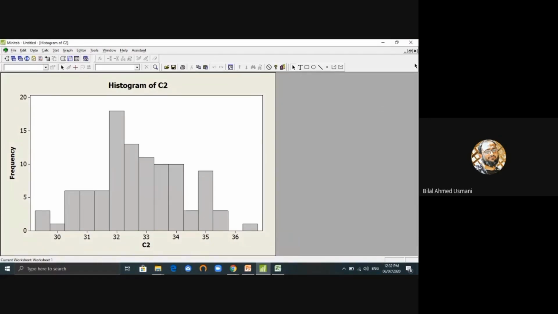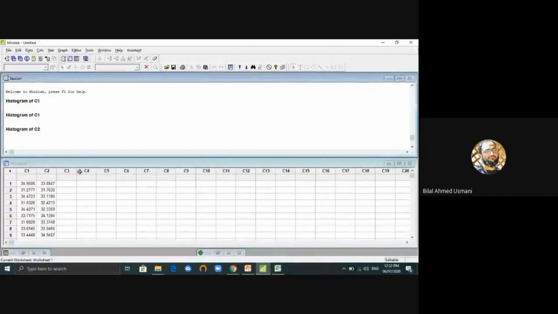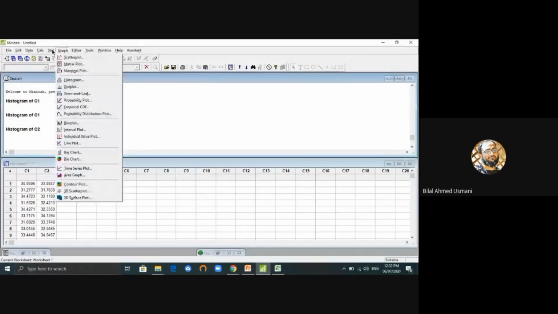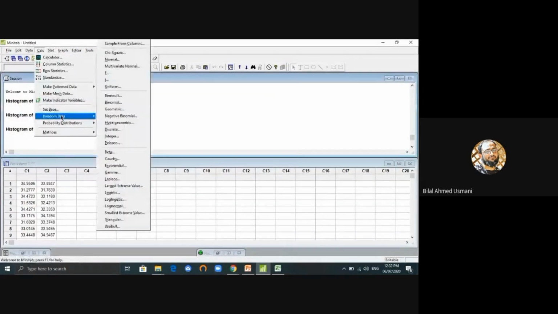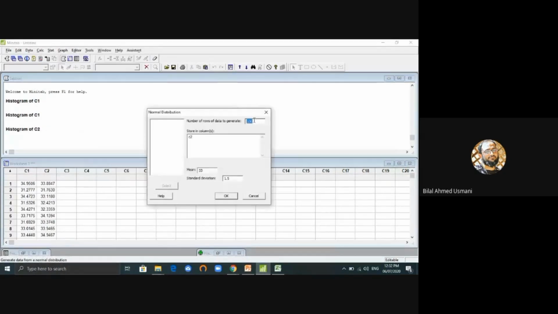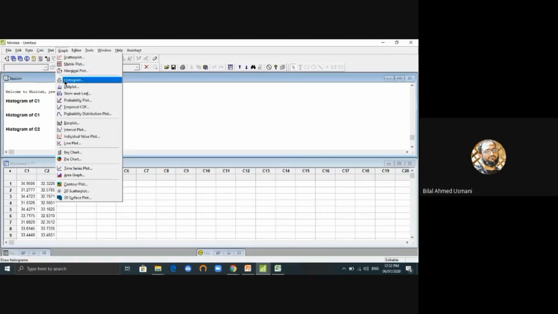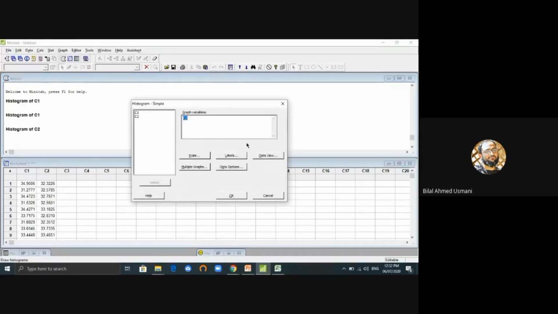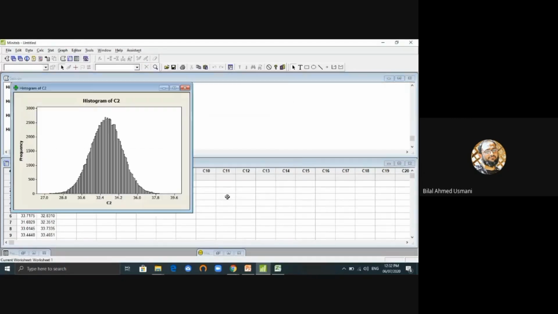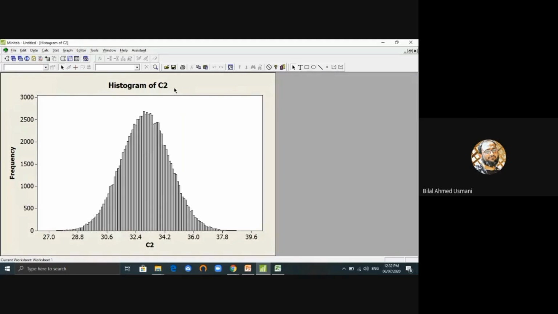So what is the problem? The problem is we don't have much data. This is the only problem. So if I generate, rather than 100, 100,000 values using the same mean and same standard deviation, the histogram looks much more like a normal distribution.